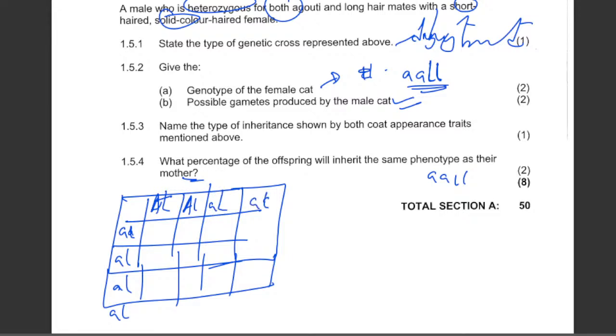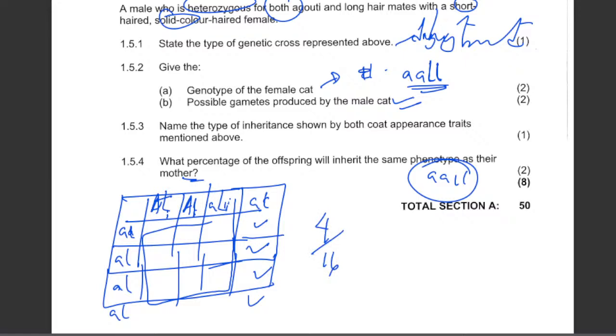So when you look at it, we are looking for something like this. So the moment there is capital L, all these are out. So it is only this 4, this, and this. So it means that it's going to be 4 out of 16, times 100.